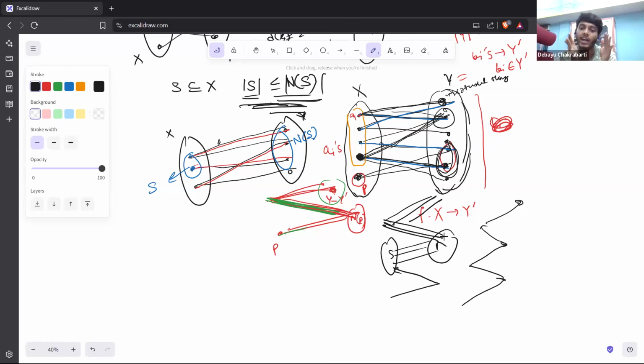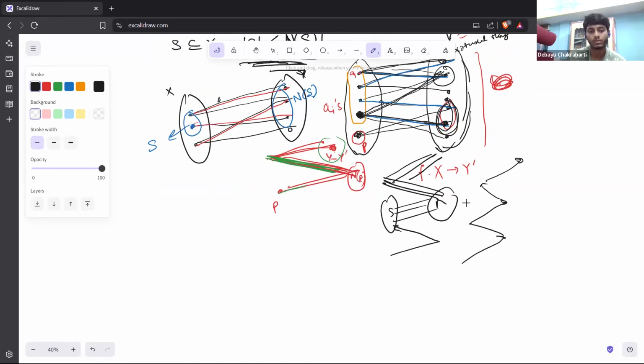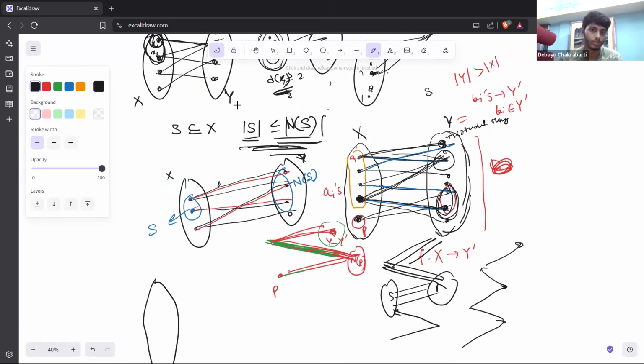And it's really hiding in plain sight. Think of Hall's condition.